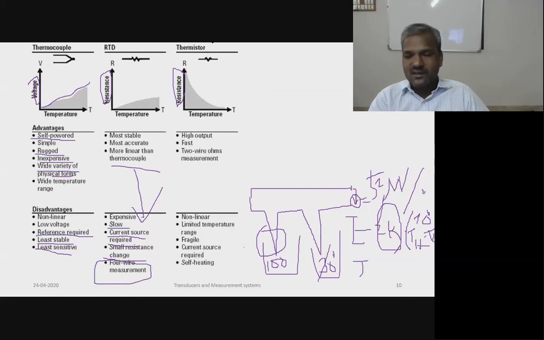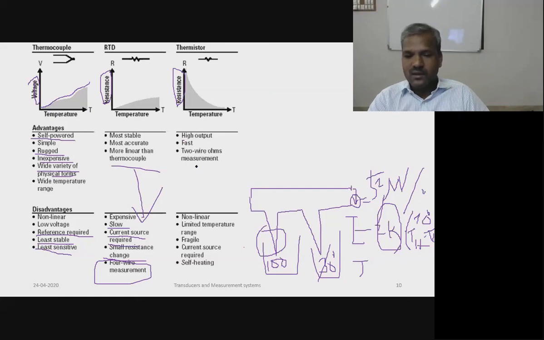Next is the thermistor. Thermistors are very fast. Even in our refrigerators and air conditioners, the temperature sensing is very quick. So thermistors are mainly used for home appliances because of high output and speed, and only two-wire measurement is enough.